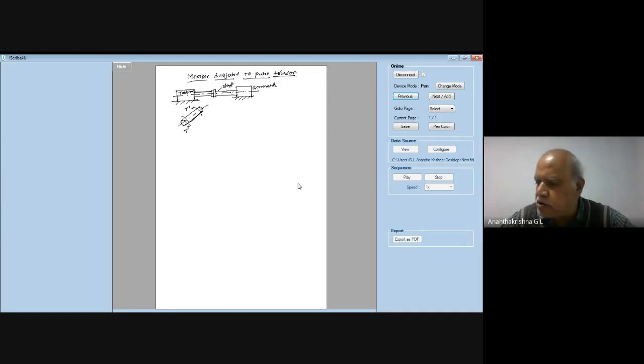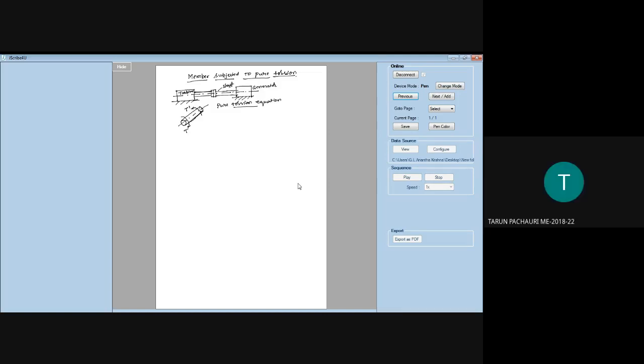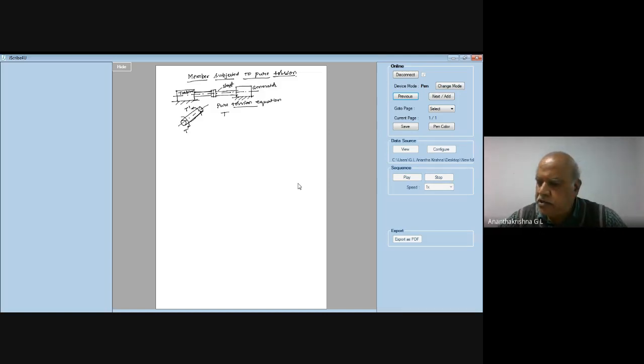By pure torsion equation, we have learnt about pure torsion equation. What is the pure torsion equation that we have learnt? T by J is equal to tau by R is equal to G theta by L. Correct? So what does T stand for? T stands for torsional moment. J is polar moment of inertia.